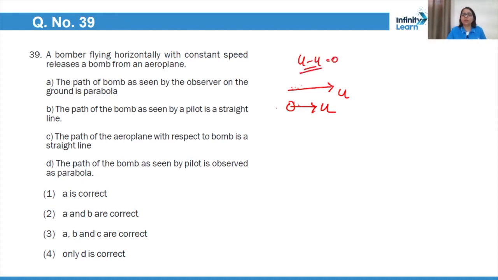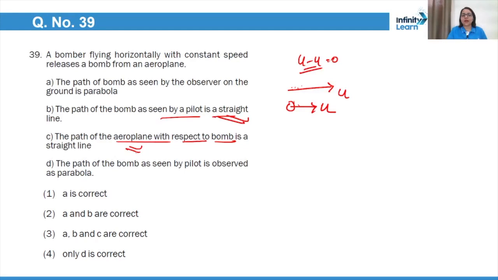So path of the bomb as seen by the bomber will be a straight line. Path of the bomb as seen by the pilot is a straight line. It is the same with respect to the airplane also, because the pilot is in the airplane. So path of the airplane with respect to the bomb is also a straight line.